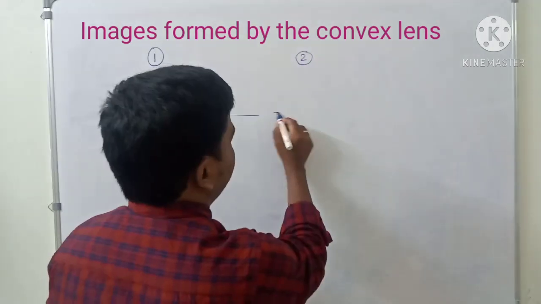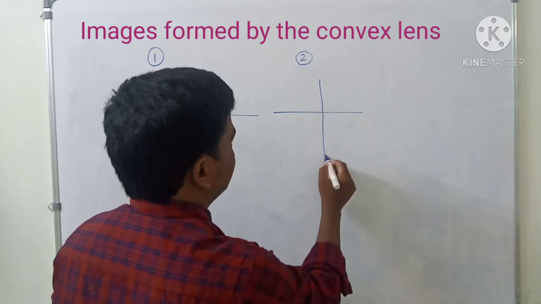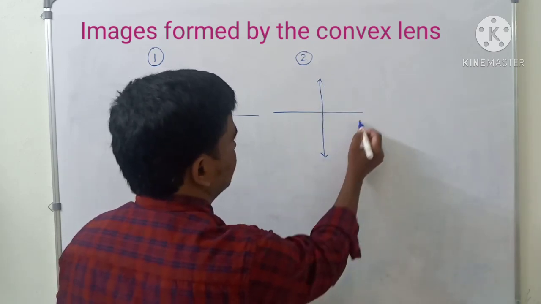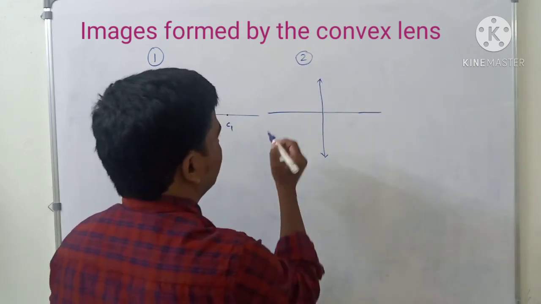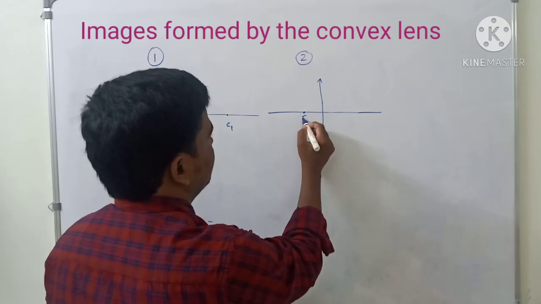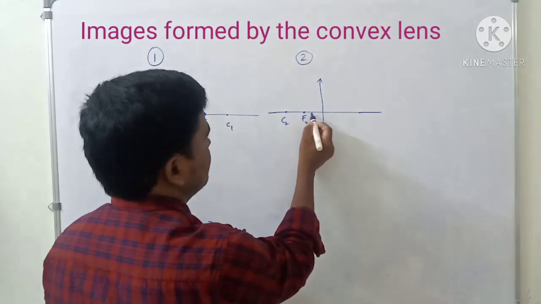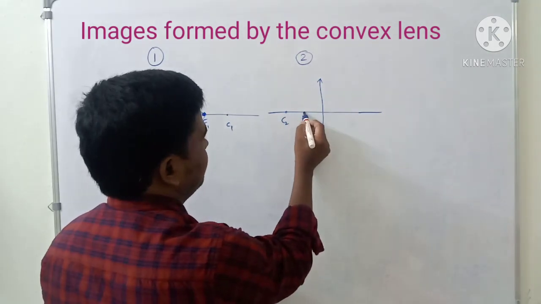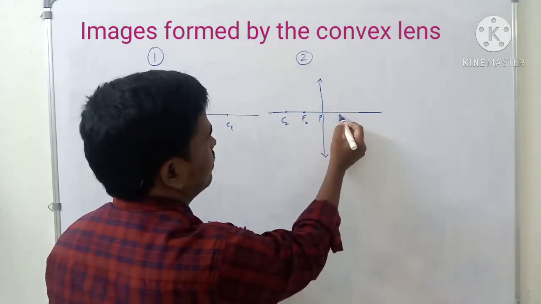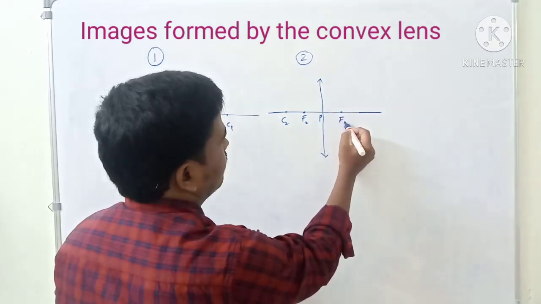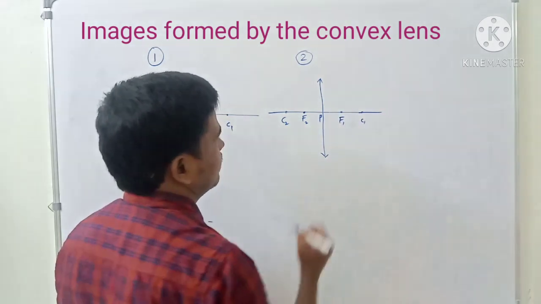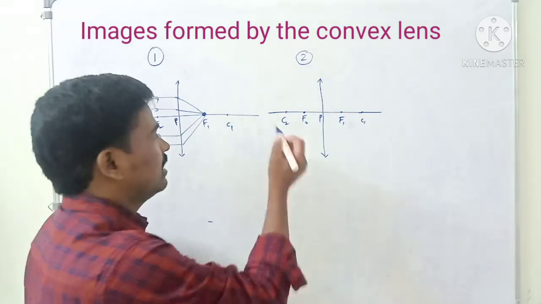Second place. You have to take the distances carefully. The C is double, exactly F must be in the middle of F1 and C1. What is the second place?